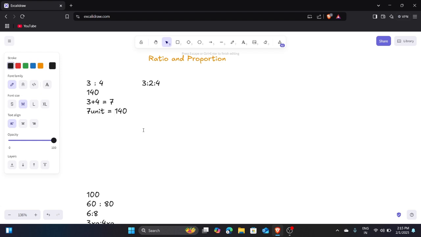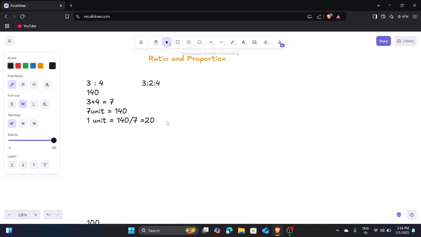Then 140 divided by 7 is again 20. So if we get the 1 unit value 20, we can easily get the 3 unit value, 3 into 20 is 60, and the 4 unit value, 4 into 20 is 80. This is the simple solution. This is one concept of ratio and proportion.